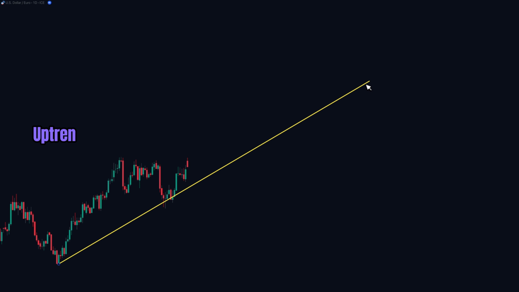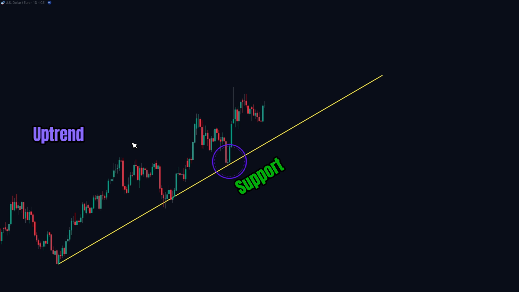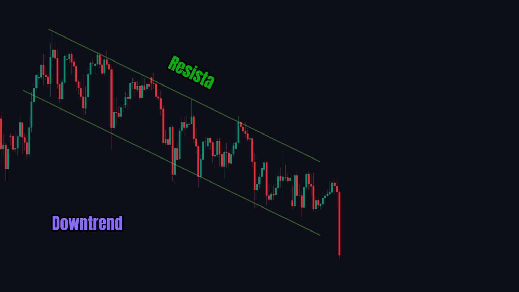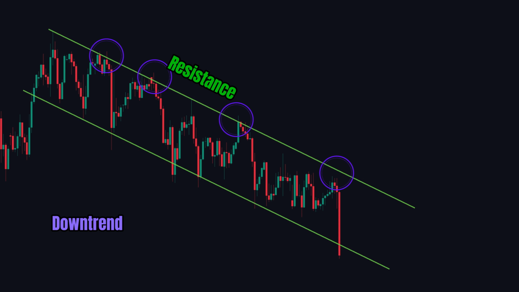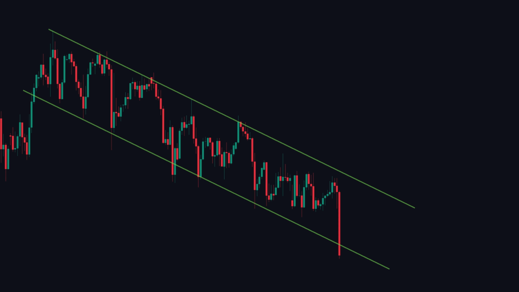In an uptrend, the trend line acts as support. Price often bounces upward when it touches. In a downtrend, it acts as resistance. Price often gets rejected and moves down, but don't make the mistake of entering a trade just because price touches a trend line. You always need to wait for confirmation, and I'll explain that part later.